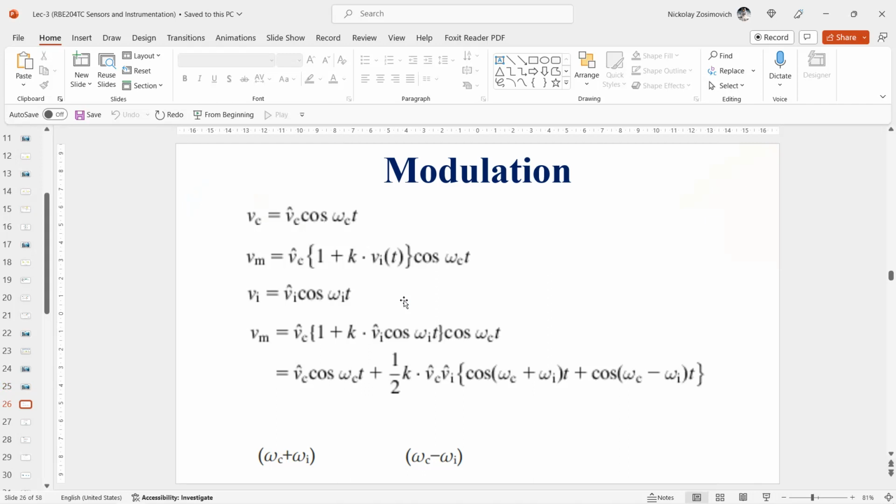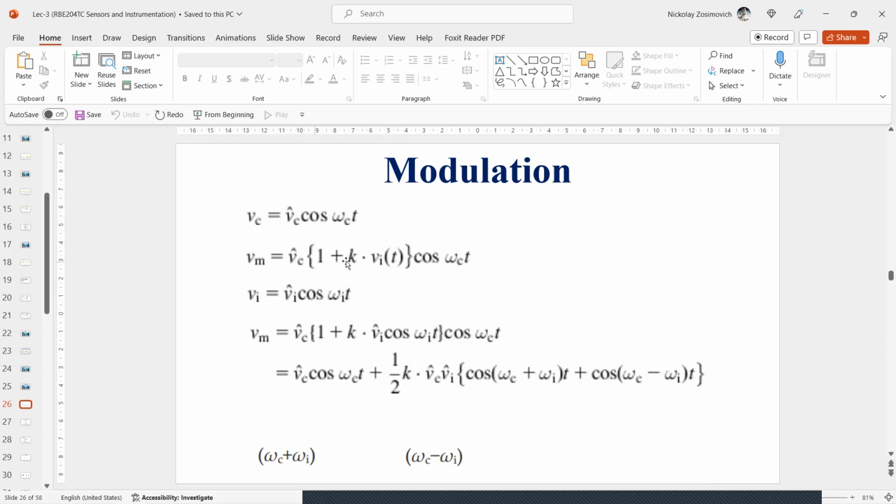A general expression for an amplitude modulation (AM) signal with a sinusoidal carrier V_C modulated by an input signal V_I(t) is followed as this equation. Here, omega C is the frequency of the carrier.